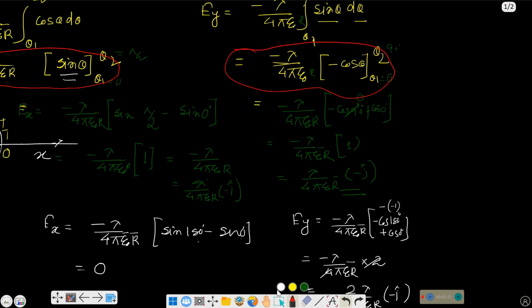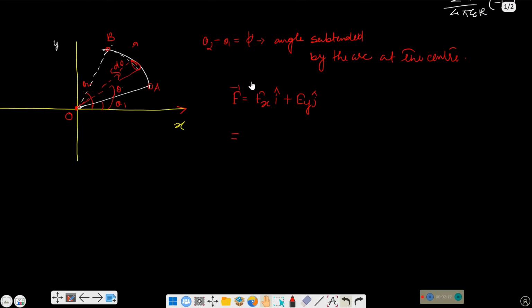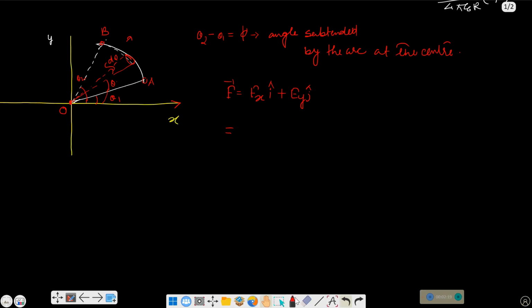If we write this, we'll get it as minus of lambda by 4 pi epsilon naught r.